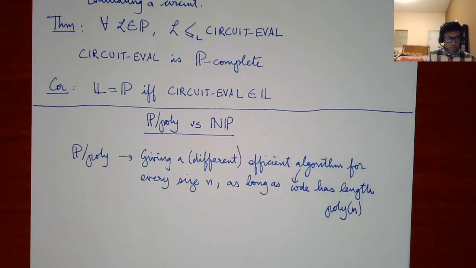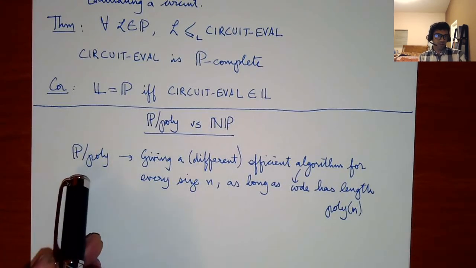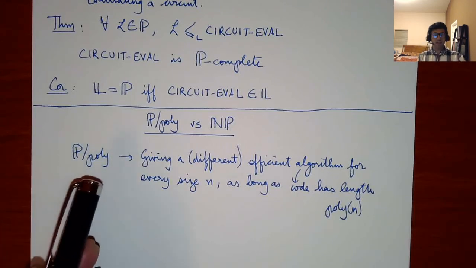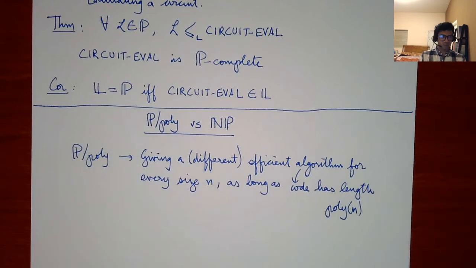This is because we just discussed you can always convert an algorithm to a circuit. So when you're saying there exists a circuit, you can also say there exists an algorithm. We can think of P/poly as an algorithm where you're allowed to increase the code length. I'm fudging over a few details, but I'm trying to tell you why P/poly is more powerful. You can think of it as being allowed to give more and more complex pieces of code for larger sizes, whereas with an algorithm, you have to give one algorithm for all sizes.